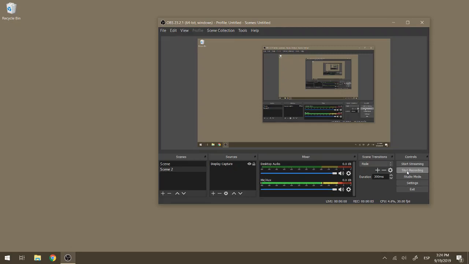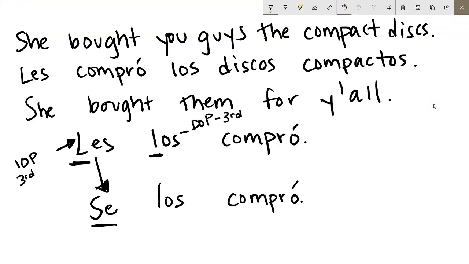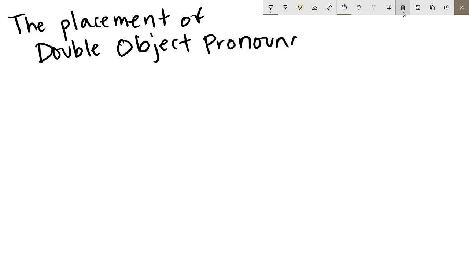I'm going to go over direct object pronouns yet again. I'm going to go over something that can also confuse students about the placement of double object pronouns in sentences.